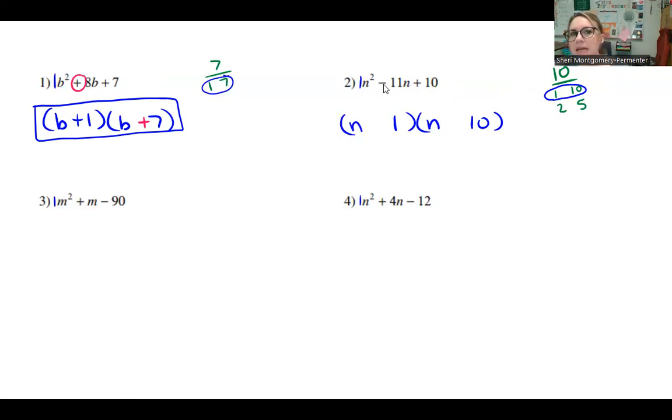My middle term is negative. So my bigger number has to be negative. From there, if I have -10, I would have to subtract. Logan figured that out. I have to subtract to make -11. So these both end up being negative. That's it.